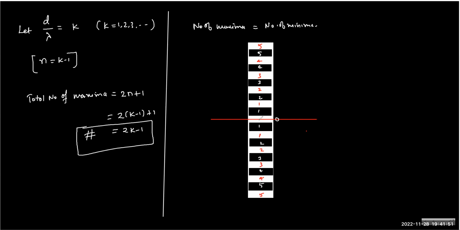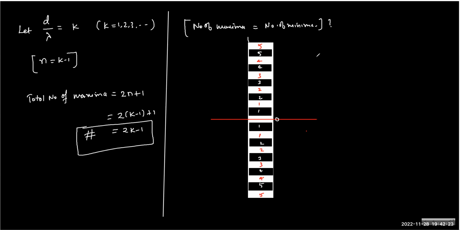Then we can say there's one minima here also. But if we say minima here, then the count of minima will increase. Maybe in this case it is not possible. Other cases are possible. So I'll just keep this on hold.